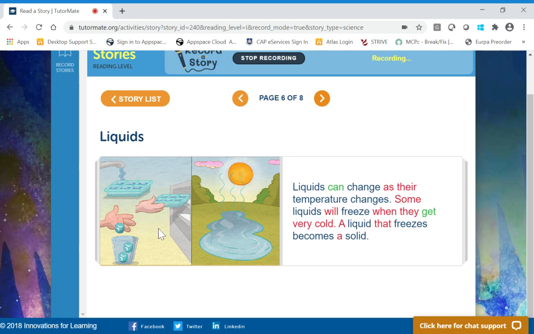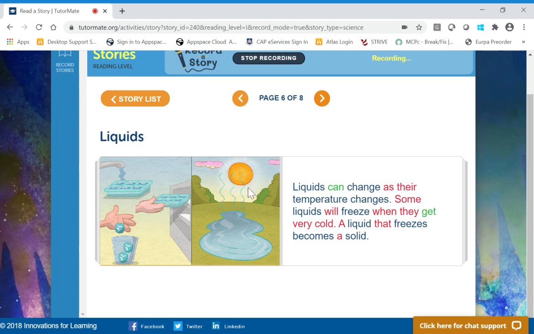And then when you let it freeze, it becomes ice cubes. Or snow comes down as a solid in snowflakes, but it was once water in the clouds, and because of the cold air, it became snow.